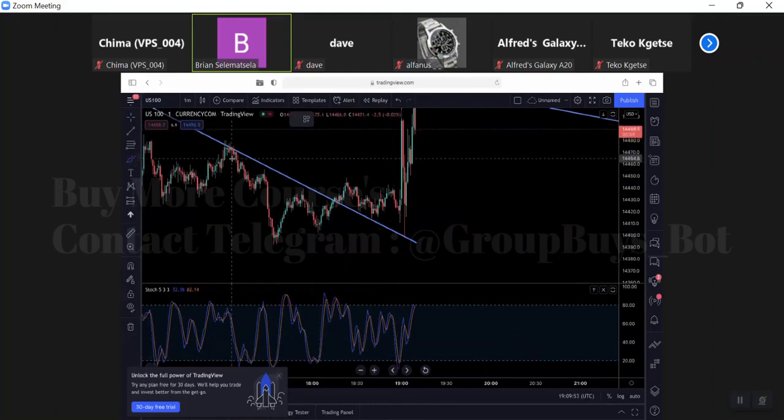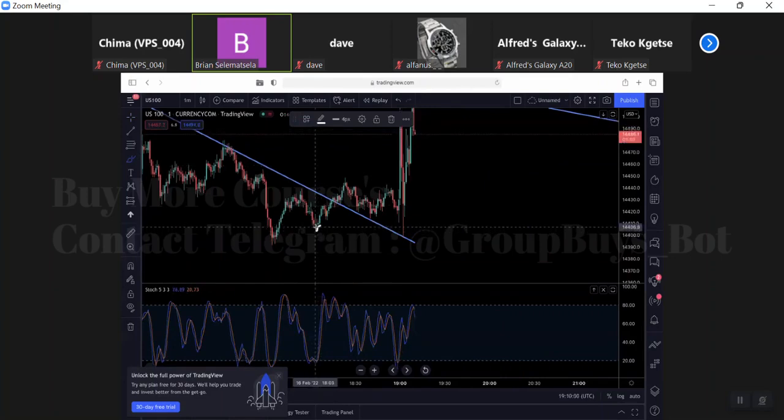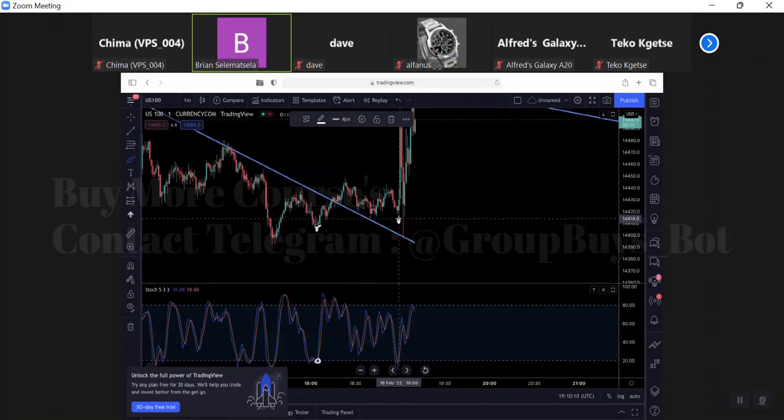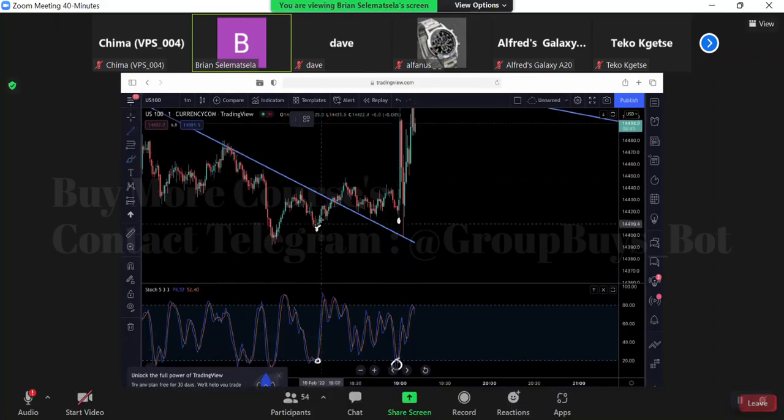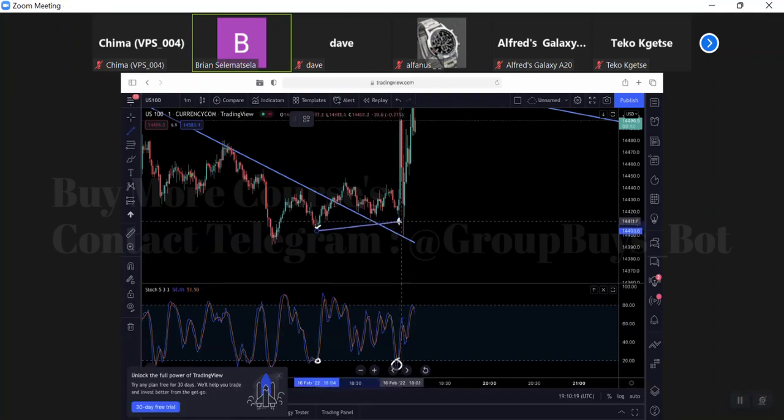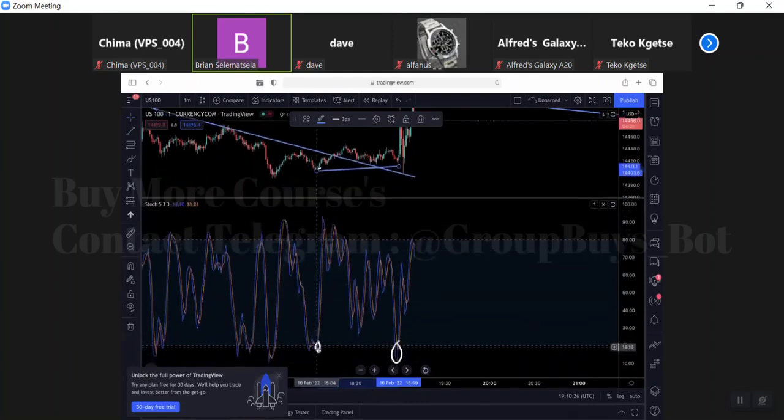When you want to buy, you'll take a look at the divergence, and from the divergence, you'll be able to spot that from this point to that point, from this point to that point, when the market was here, the stochastic was there.